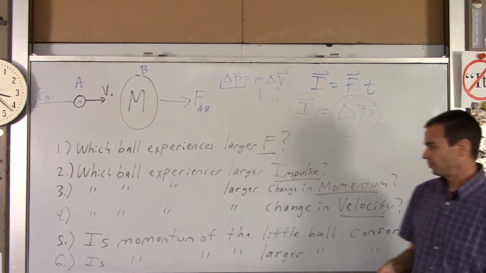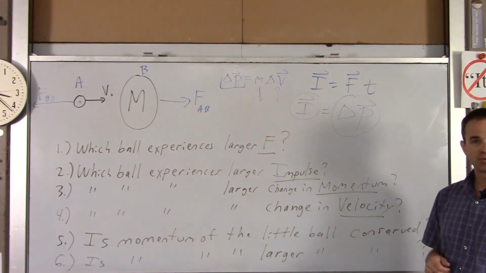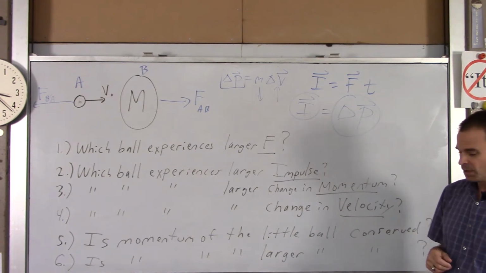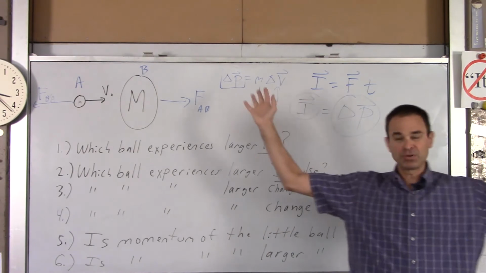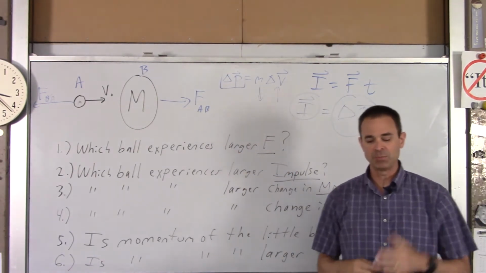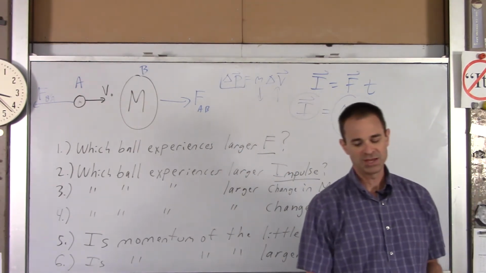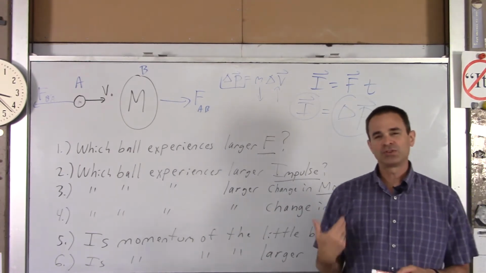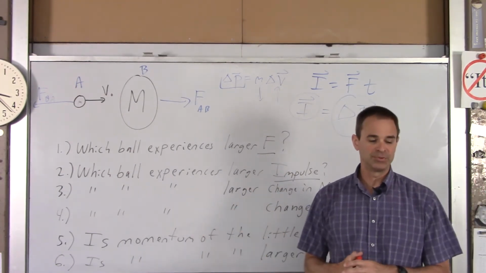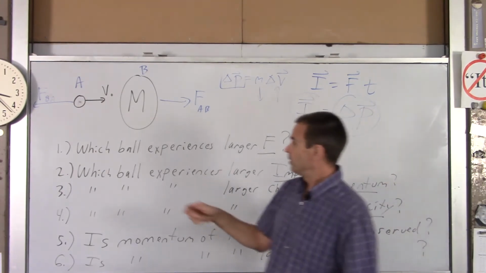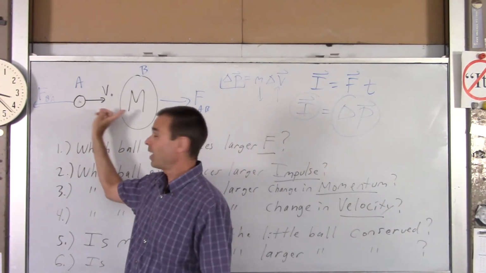Number six is, is the momentum of the little ball conserved? Well, the Pavlovian response is, oh, yeah, momentum's always conserved. Well, it depends on your system, okay? Momentum is always conserved if your system is big enough, if you include all the interacting objects. Well, at first, this ball's moving to the right.